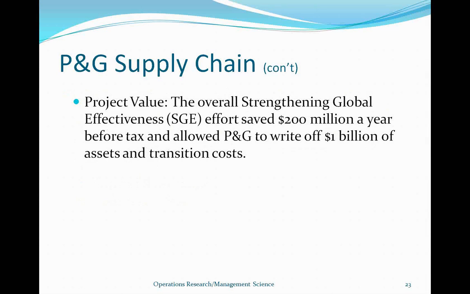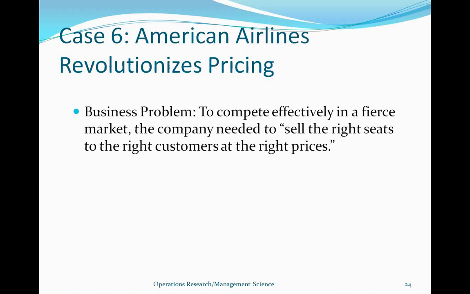So with their model, they saved $200 million a year before tax and allowed Procter & Gamble to write off $1 billion of assets and transition costs.